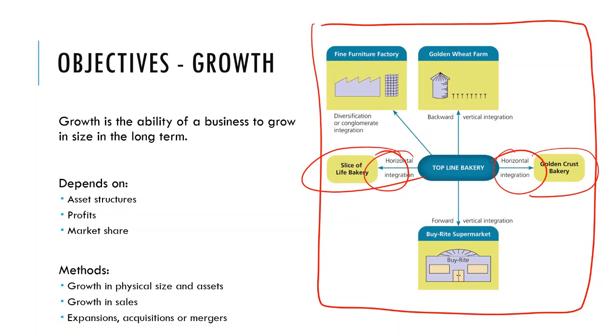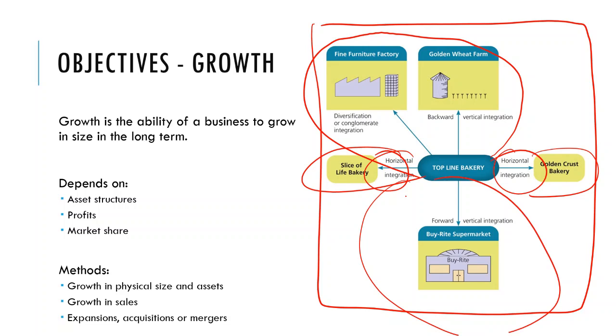Or I can expand, I can diversify, and we can go backwards along the supply chain. So if you're a bakery, you might look at the farm instead. Or I might diversify and look at something completely different. Alternatively, I can go forward. Where does my end product lead to? So I might acquire the shop if I'm a bakery.